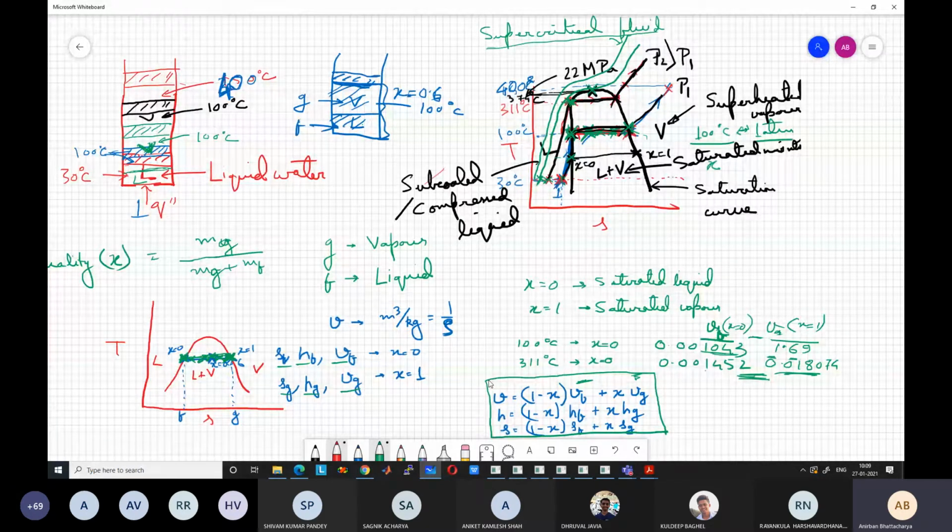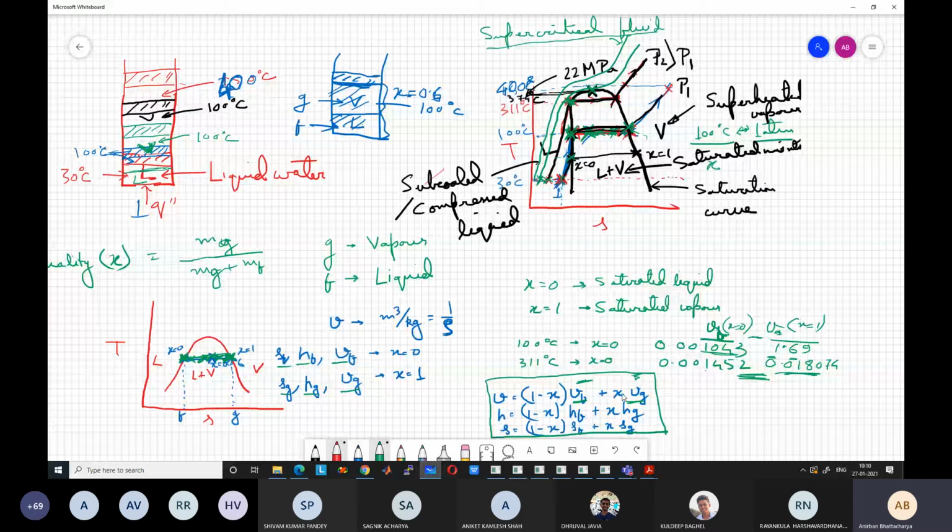We need to first find out, at 100 degrees centigrade for boiling water, what is the saturated liquid specific volume and what is the saturated vapor specific volume. Once we find these two, we know that the quality given to us is 0.5. So we will use the equation (1 minus 0.5) into Vf plus 0.5 into Vg is equal to V.